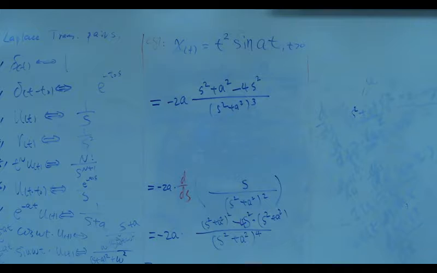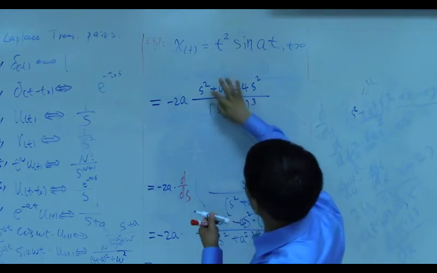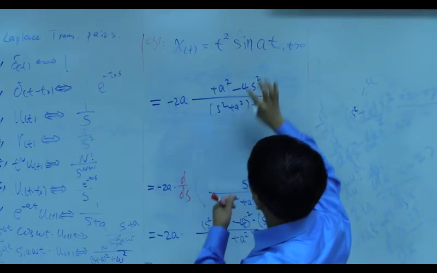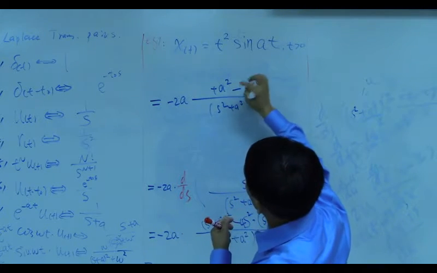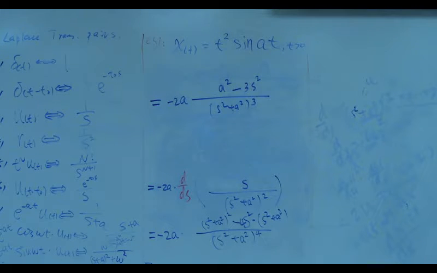Yes? Now, this is 4s, this is s, so this one will be minus 3. Then looks like this one is good enough, right? So you can just leave it like this.